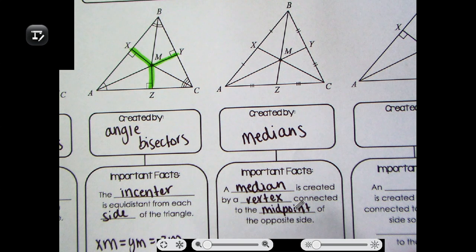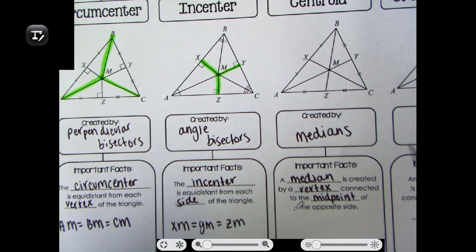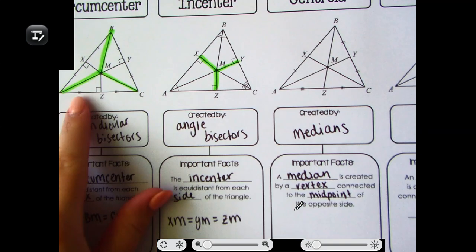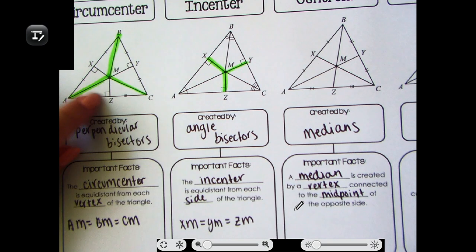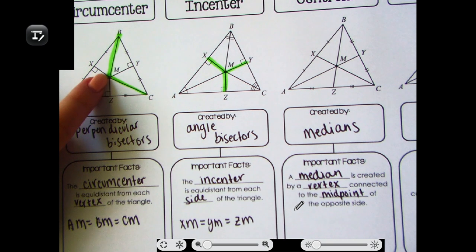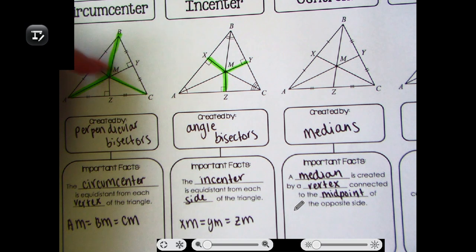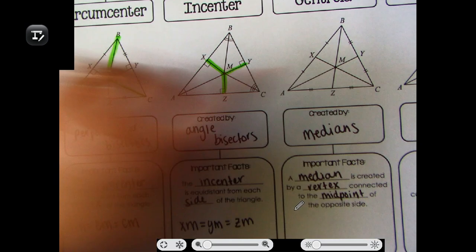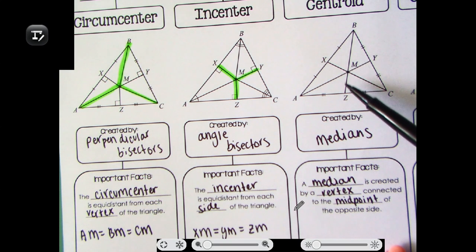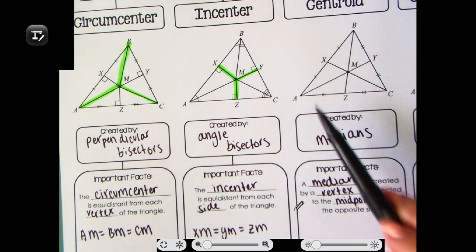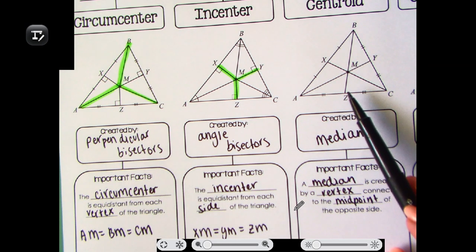Yes, it's like a bisector, but let's compare a little bit because this can be confusing. If we compare these two, we're both looking at this side being cut in half. But notice with a perpendicular bisector, we're talking just about this little segment here. Whereas with a median, we're going all the way from that vertex to that opposite side, and we're hitting the midpoint of this side, and it's not necessarily perpendicular.